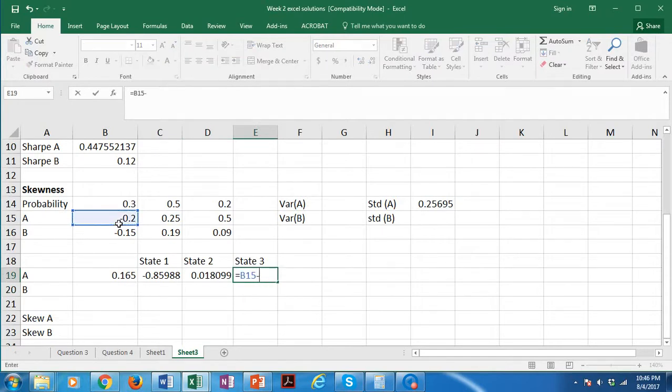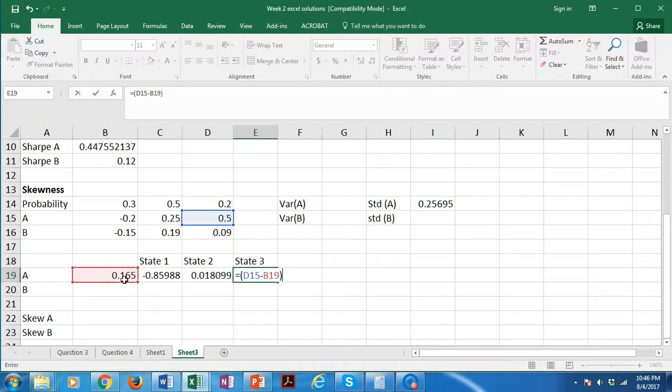Individual return minus expected return. Cube, then multiplied by, I'm sorry, for state 3, this is the individual return minus expected return.